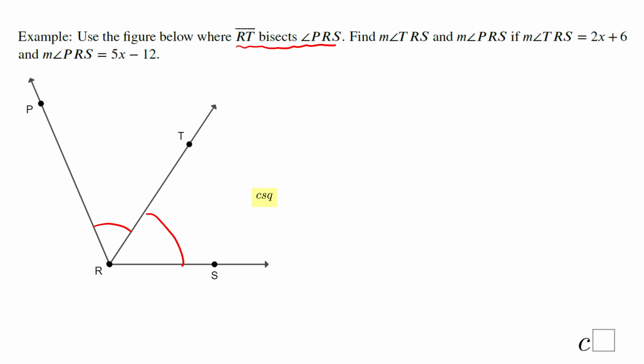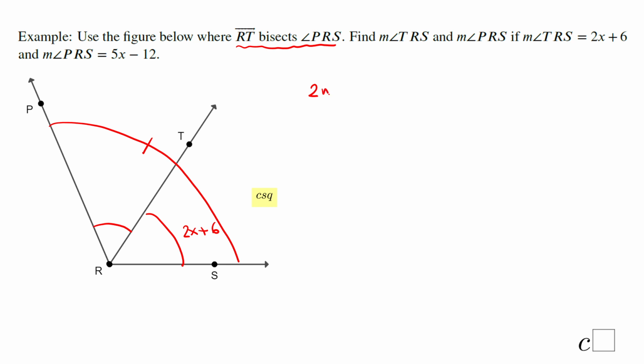Now we need to find the measure of angles TRS and PRS if the measure of angle TRS is 2x plus 6 and the measure of angle PRS, this big angle, is 5x minus 12.